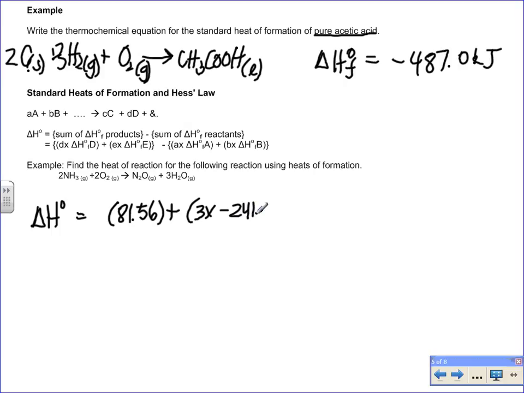Okay, so when you're taking the sum of the heats of formation, you need to take into account the coefficients. Then we're going to subtract the sum of the heats of formation of the reactants. So we've got 2 NH3, so 2 times negative 46.3.